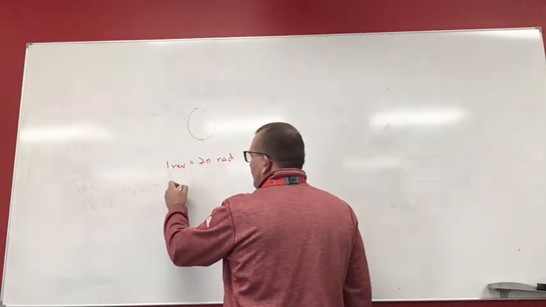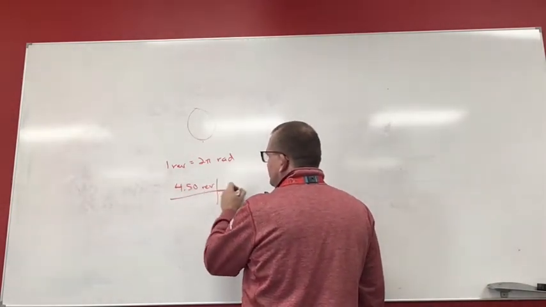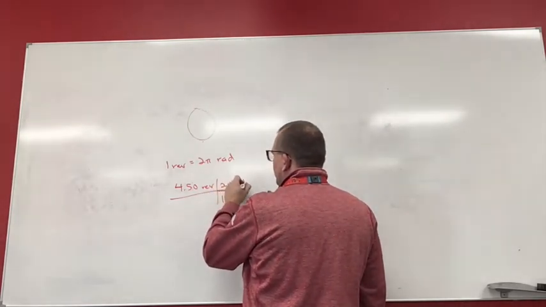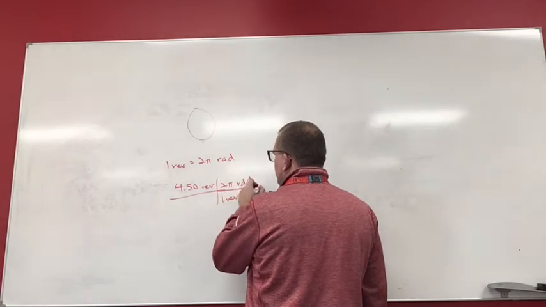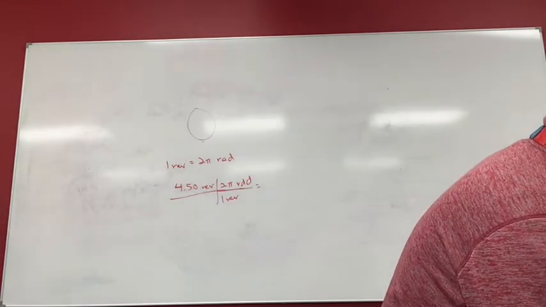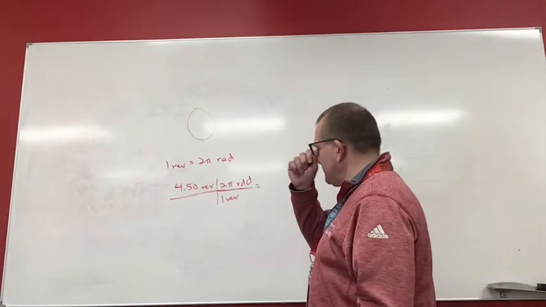So if I have 4.5 revolutions, how many radians is it? Well, one revolution is 2 pi radians, right? I don't need to calculate, I'll just keep things in terms of pi.